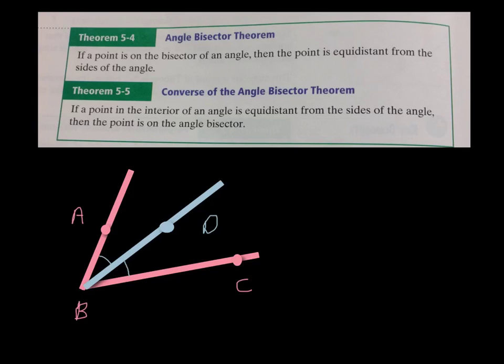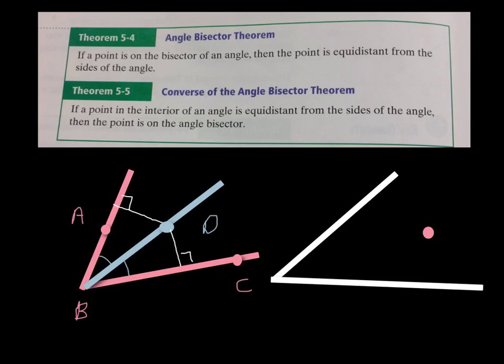In other words, the distance from D to segment AB has to be the same as the distance from D to segment BC. All right, and again, you always measure perpendicular. Those two distances must be the same. Any point on the blue line, which is the bisector of the angle, has to be equidistant to the sides of the angle.